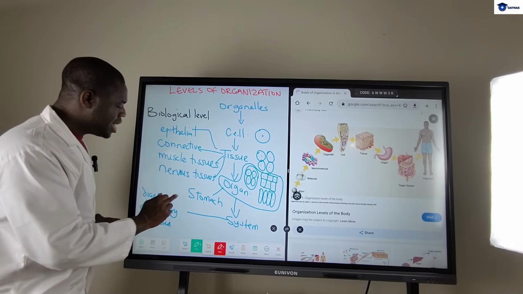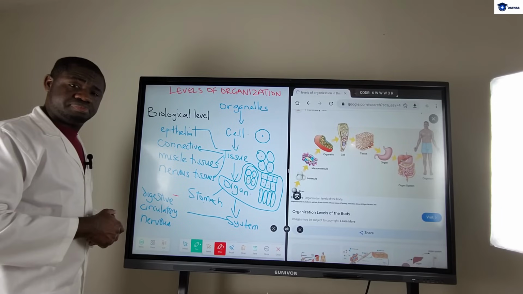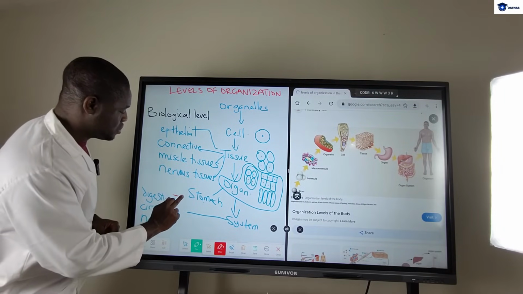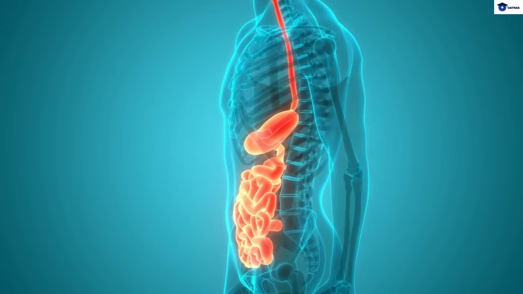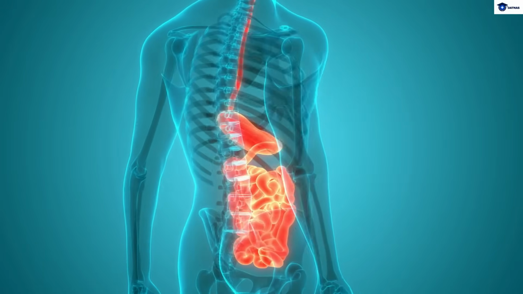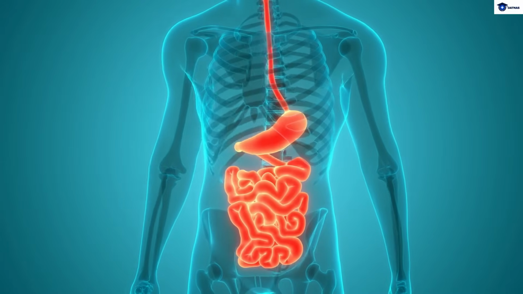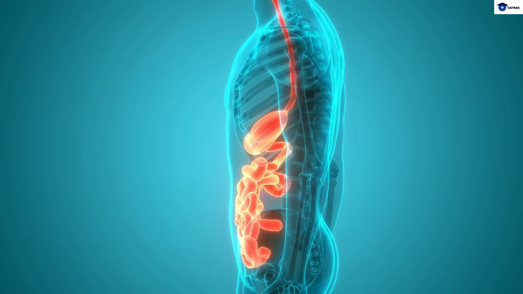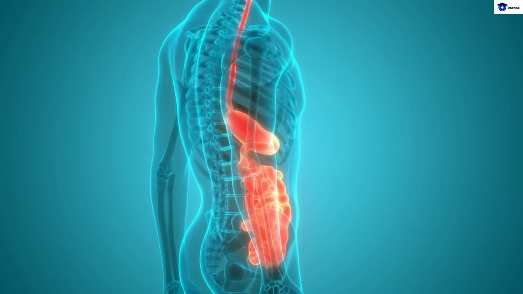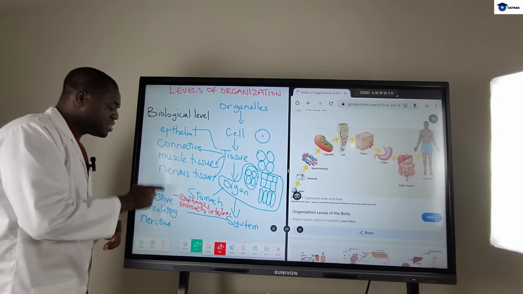What organs can you find in the digestive system? We have the esophagus, we have the stomach, we have the intestines. So all these organs form the digestive system.